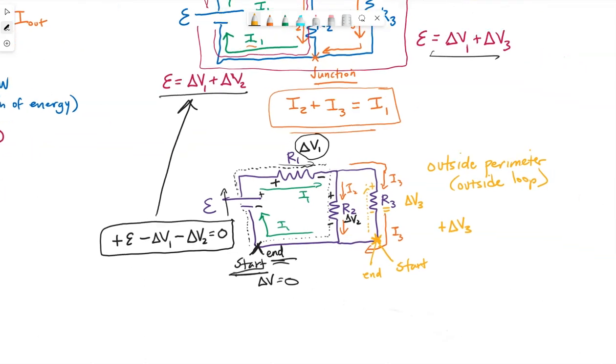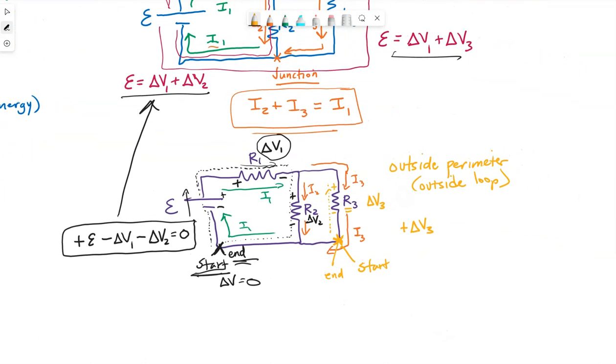Let me move this a little bit so I have more room. Okay, my path. If I'm doing the whole outside loop, the next thing I come to is resistor 1. I'm traveling to the left, opposite the current. If our path takes us opposite the current, we're going to see an increase of that voltage, delta V1. As I continue, I come to this battery, but this time I'm going this way, high to low.